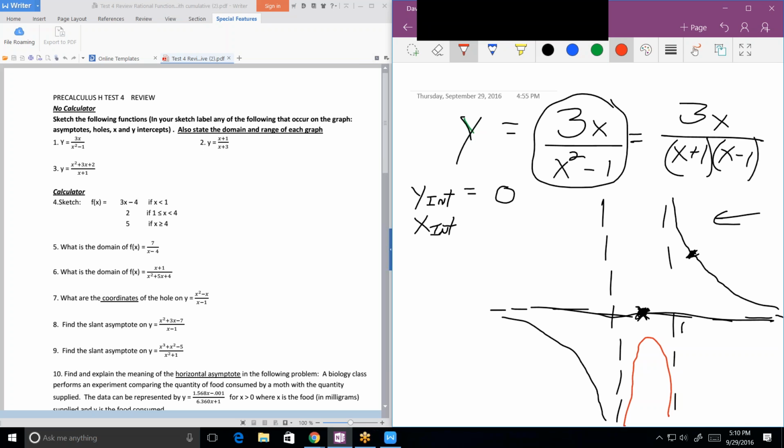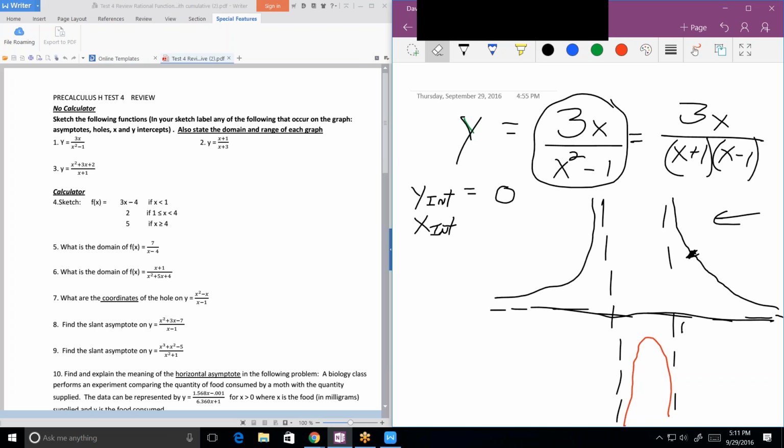It works for the right asymptote, but on the left asymptote, I'm going down to negative infinity on the red, and I'm coming up from negative infinity. So a proper curve here probably would be this one if we did not have an x-intercept. I saw one the other day, and this was exactly how it looked.